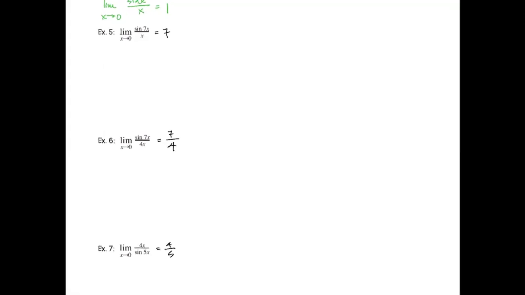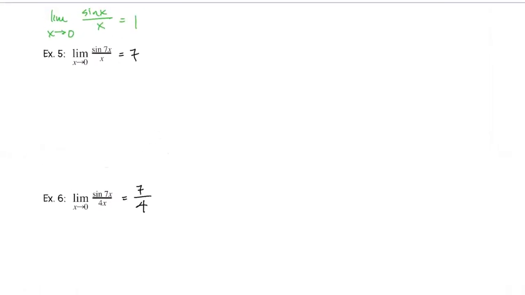But let's unpack a little bit how we might know where this answer comes from. In Calc 2, when you see this again, you're not really going to need to go through all these steps. But for right now, I want us to think about not just getting patterns, but also developing really strong algebra skills for the entirety of this course. So let's think about if we take this limit as x approaches 0, and I start off with sine 7x over x.